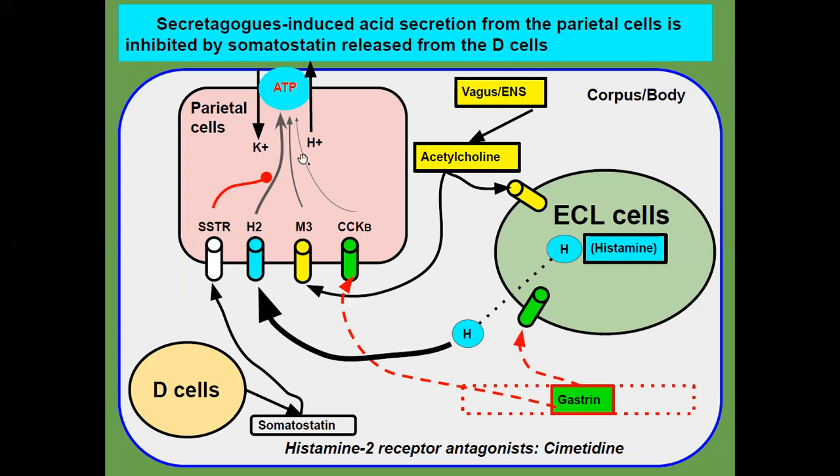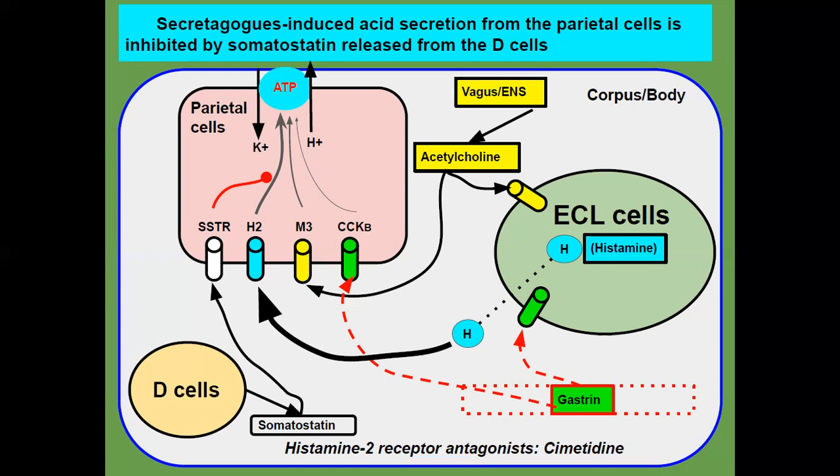gastric acid secretion. Okay, let's put all this together. In the corpus or body of the stomach, there are three secretagogues: acetylcholine released from the vagus or enteric nervous system, gastrin from the circulation system, which is released from G cells at the entrance of the stomach, and histamine, which is released from ECL cells.